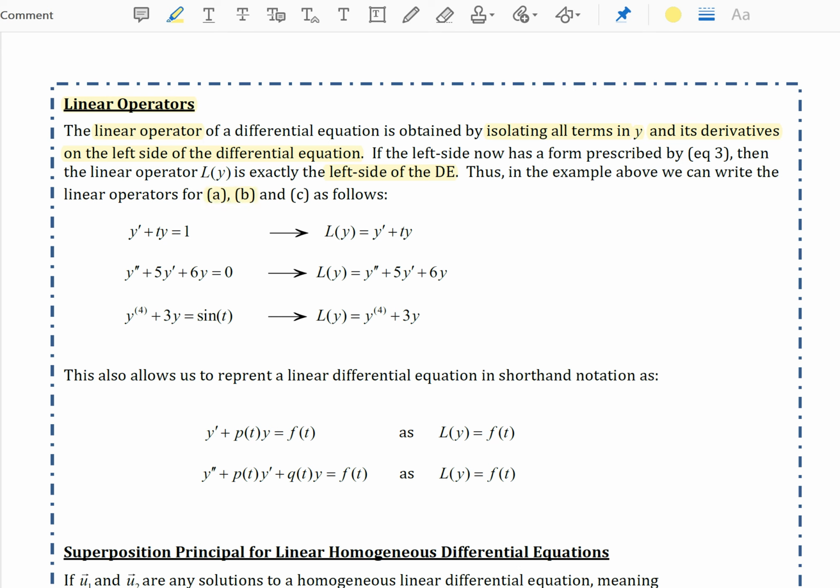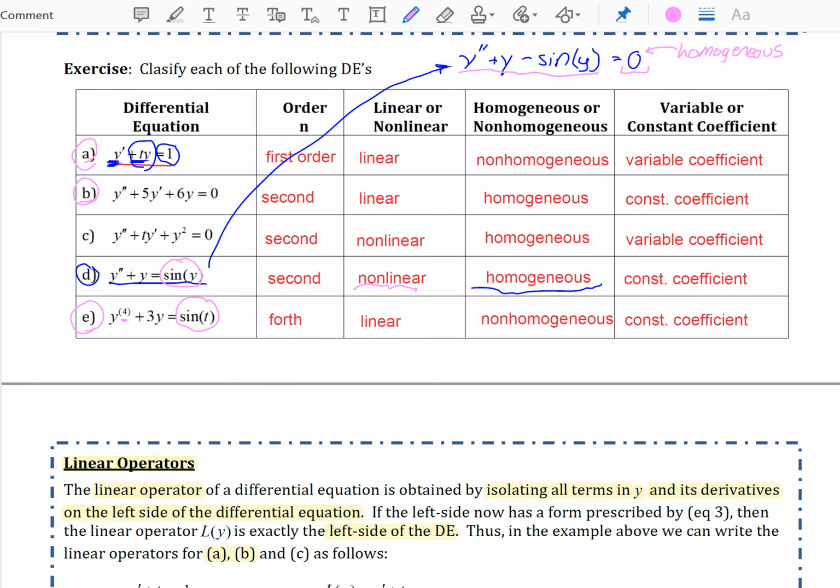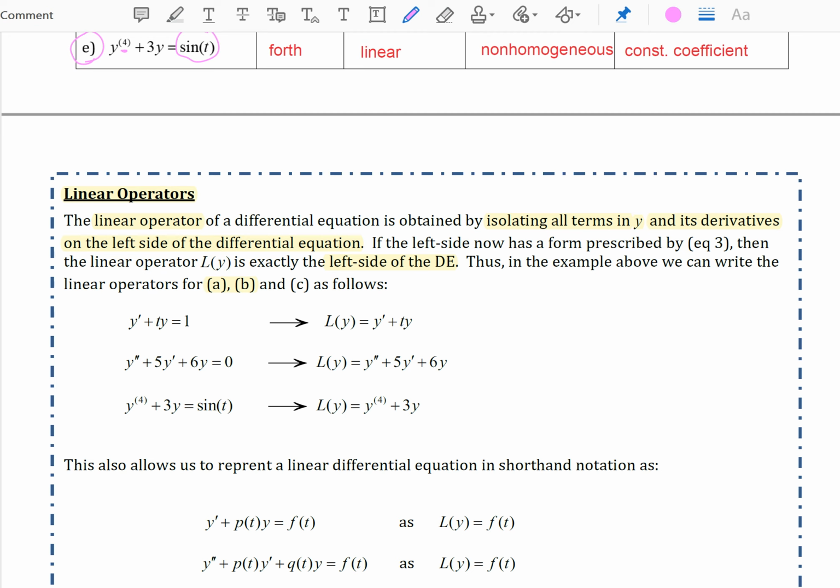So let's change this. If I look back for the linear differential equations, I think we said it was A, B, and E are the linear differential equations. So if you could, let's change this.